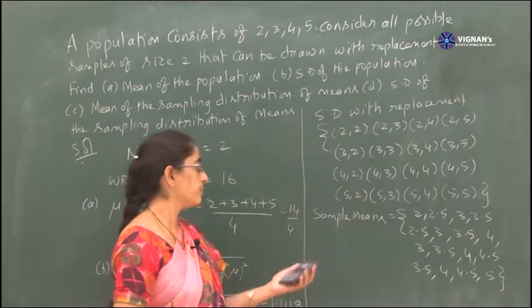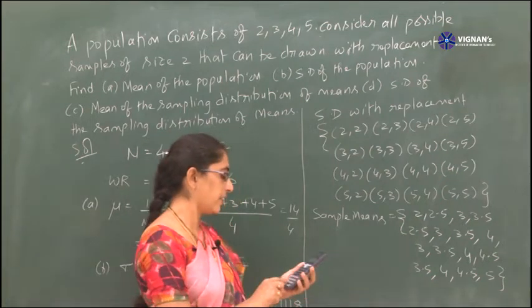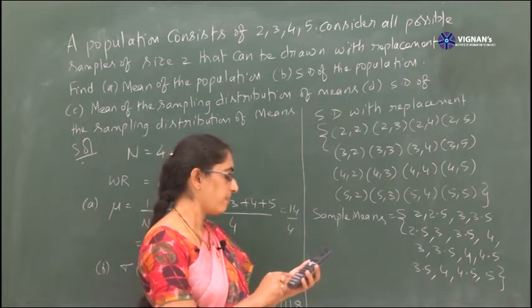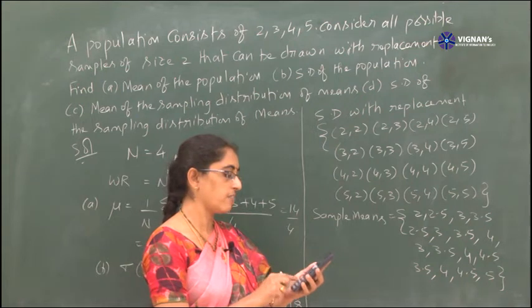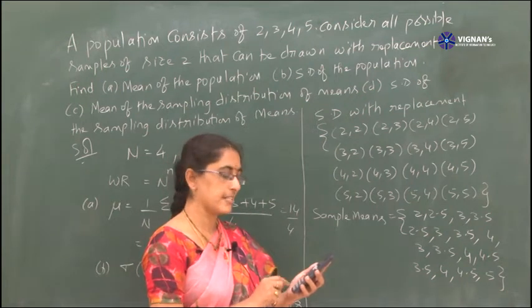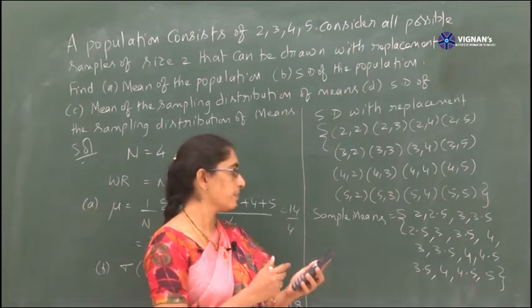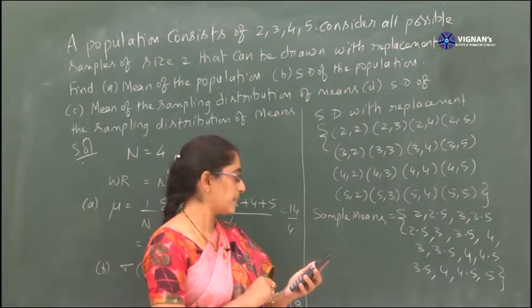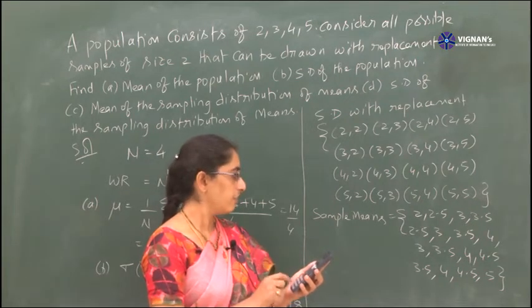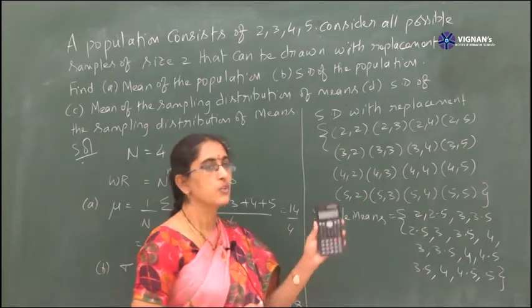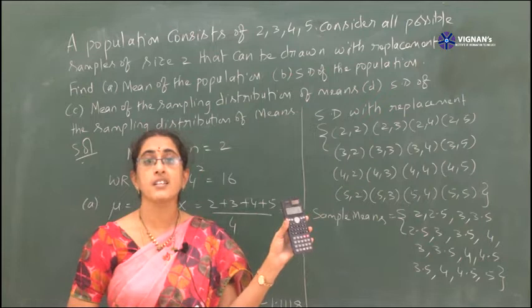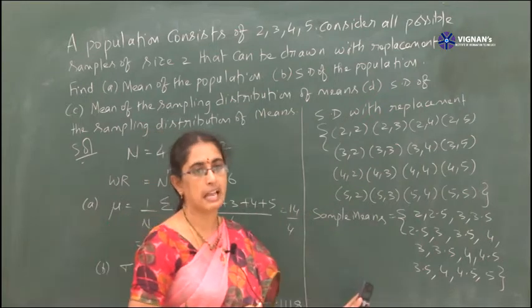Then 3, 3.5, 4, 3, 3.5, 4, 4.5, 3.5, 4, 4.5, and finally the last element 5. So n equal to 16. That means all the 16 means are stored in the calculator.